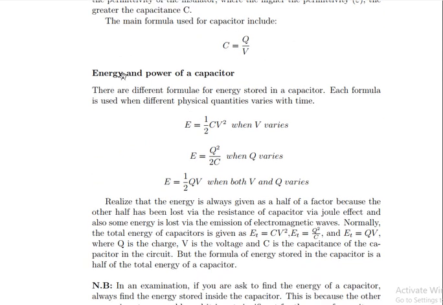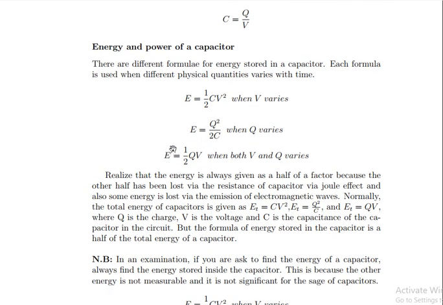The energy and the power of capacitors has already been covered in the chapter on capacitors, and we said that E equals half CV squared when the voltage varies. It is also given as energy stored equals half Q squared over C when the charge varies, and E equals half QV when both the voltage and the charge vary.